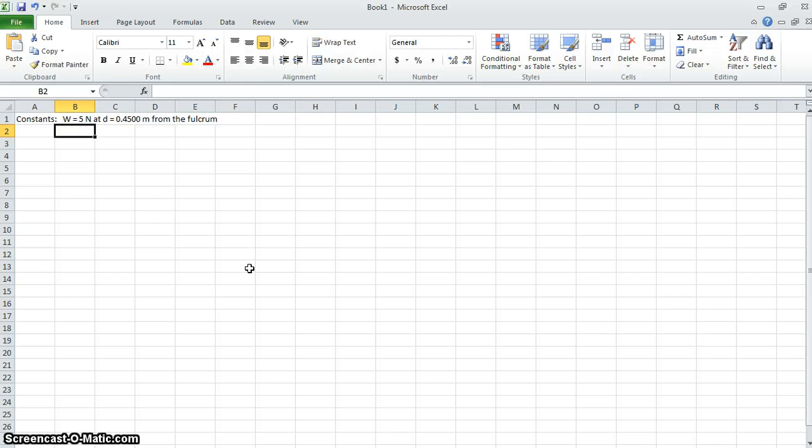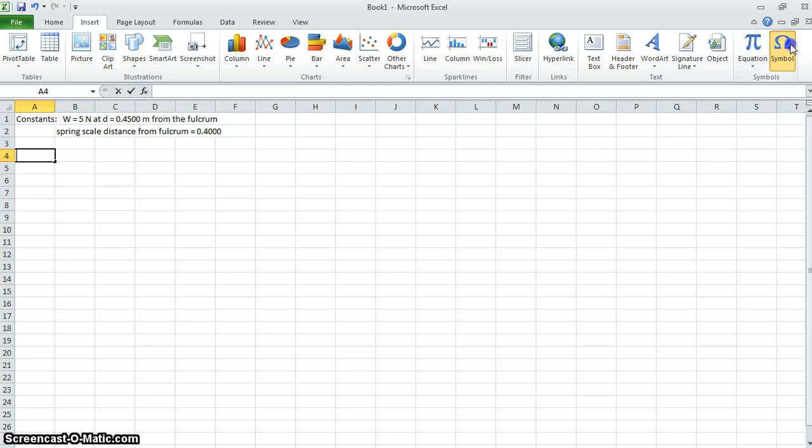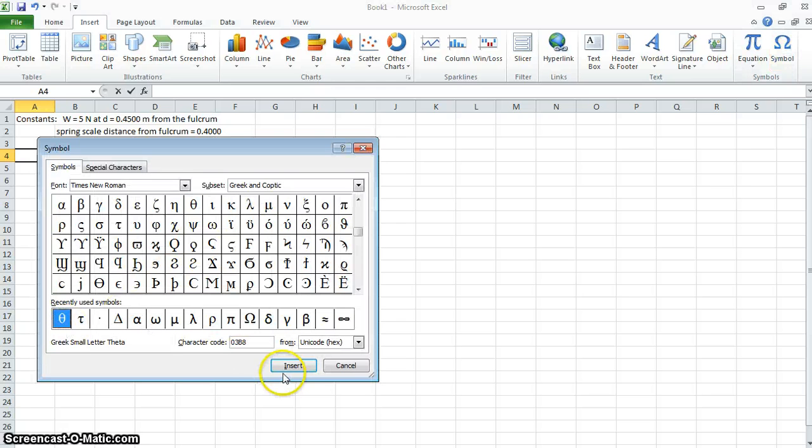And the only other constant I had was for where I applied my force for the spring scale. So d spring scale, distance from fulcrum, and that was equal to 0.400 meters.